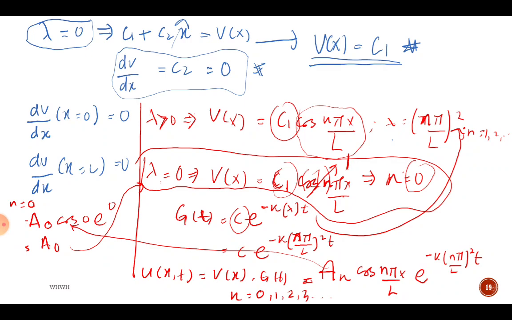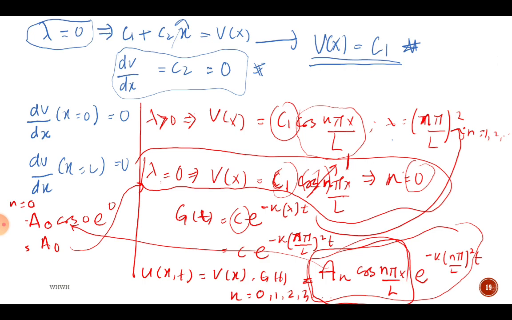So this is actually our solution here, representing what? If you look carefully, this is representing the Fourier cosine series, right?